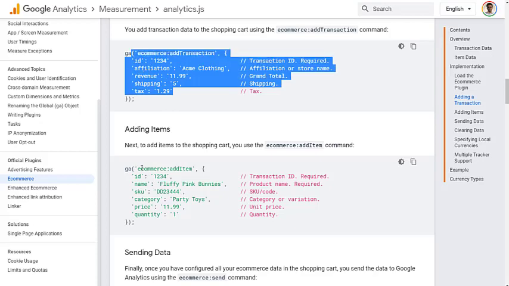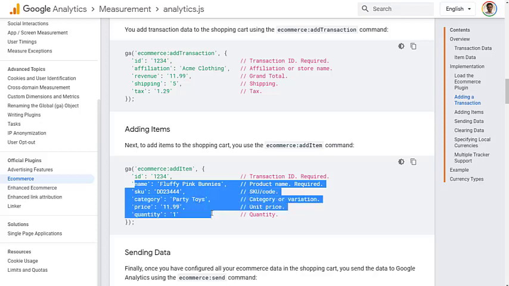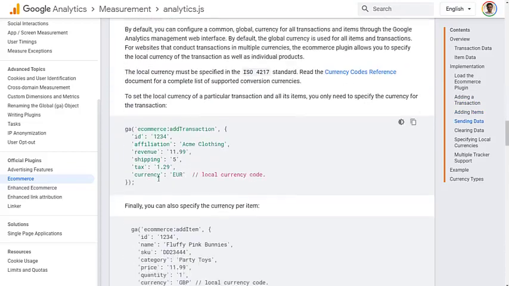Same code, but I am adding some additional info: name of the product, SKU of the product, category, price, and the quantity purchased by the user. And this is not code that you will copy and paste. You have to write it in a way that on order transaction pages, whatever the actual order transaction was, it gets here and is sent back to Google Analytics.